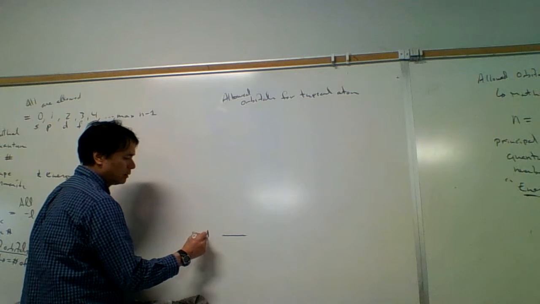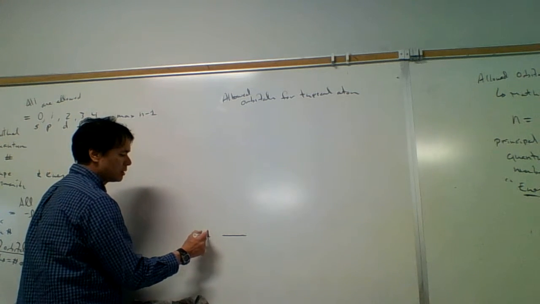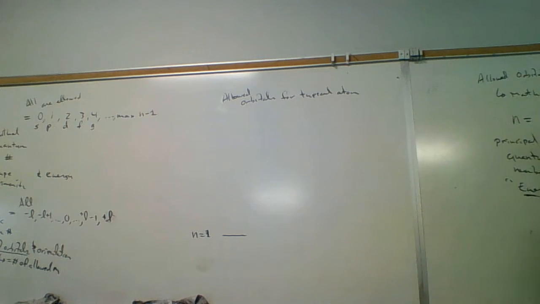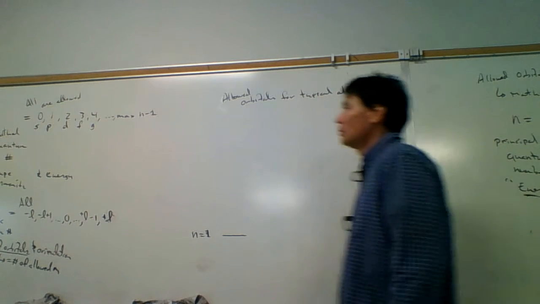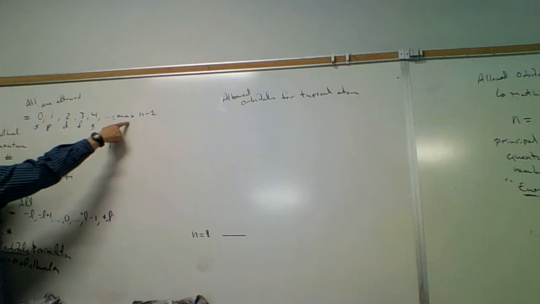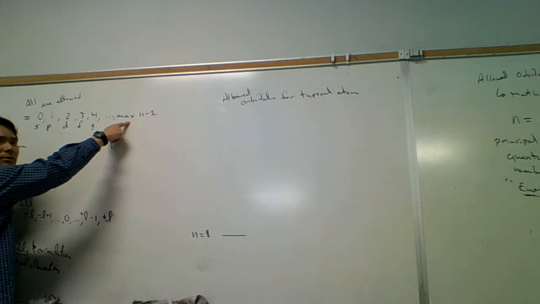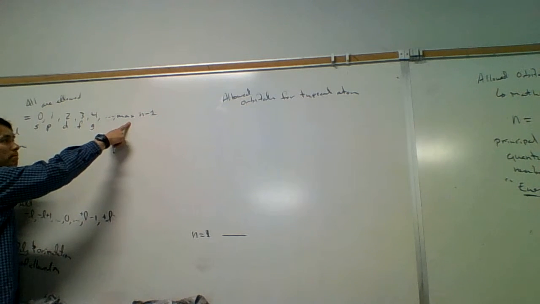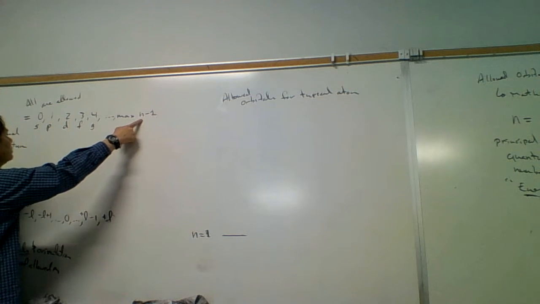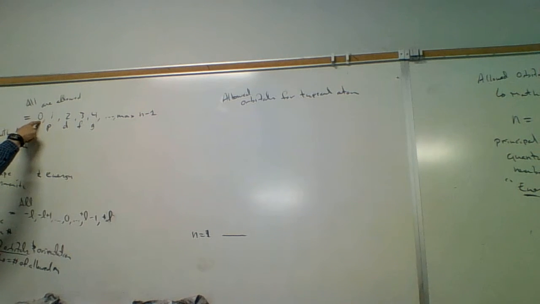N equals 1. This is the smallest n. So this is going to be the lowest energy. Okay, so when n equals 1, what are my allowed L values? Well, I'm allowed all L values to max of n minus 1. And so what is the max? N minus 1. N is equal to 1, so 1 minus 1 is 0. So I'm only allowed this, 0.